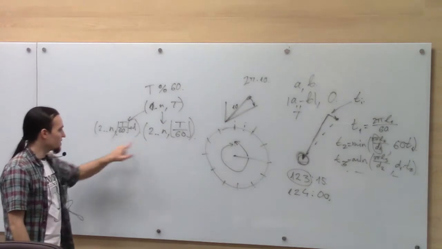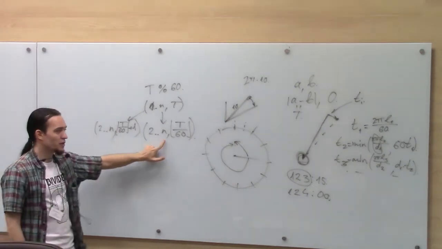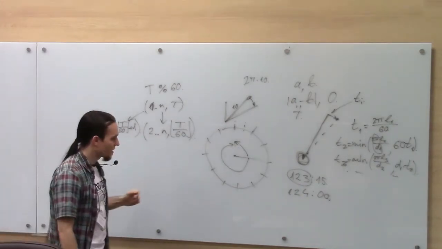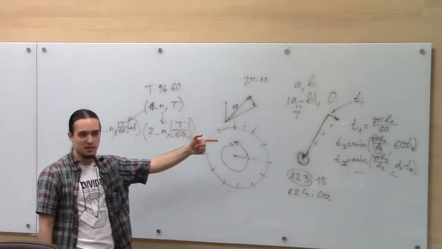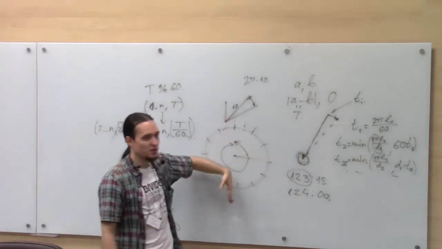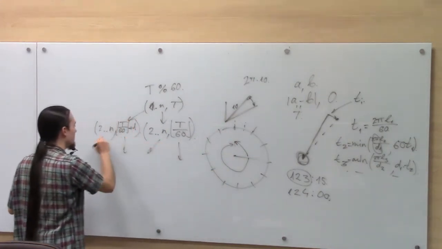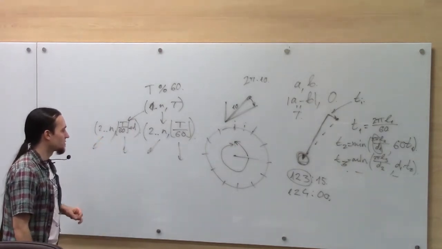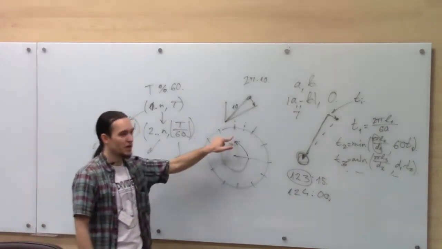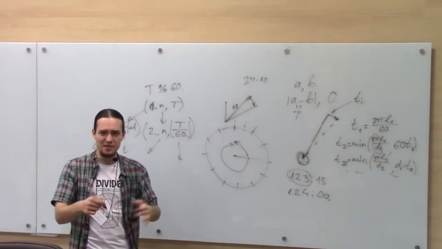So one of these ways is better than another, and what we're going to do is repeat this for the next fastest hand, except that the 60 will be replaced with d1. Okay, because it's the new amount of positions on the clock. So we are going to have some branches here and here and here. So basically the problem boils down to deciding the direction for each hand so that it minimizes the total distance. Okay, and everything is kind of interconnected.